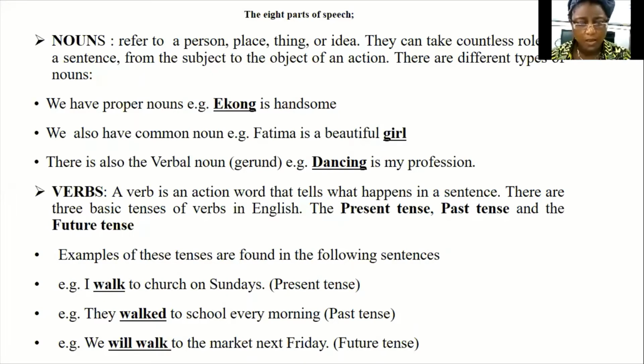I walk to church on Sundays. Walk is in its present tense. They walked to school every morning. The verb walked is in the past tense. We will walk to the market next Friday. Walk is in the future. We'll walk.